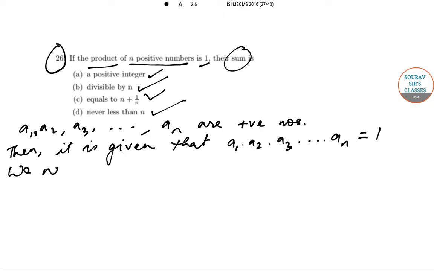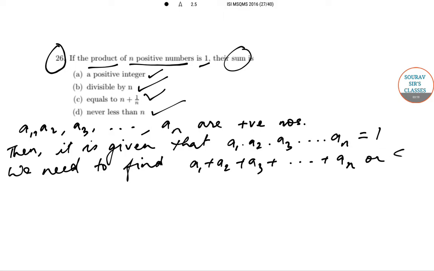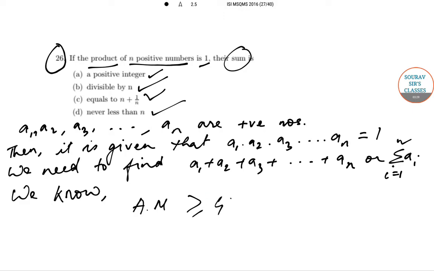We need to find the sum of a1, a2, a3 up till an, or summation of ai, where i goes from 1 to n. Now we know arithmetic mean is greater than or equal to geometric mean.